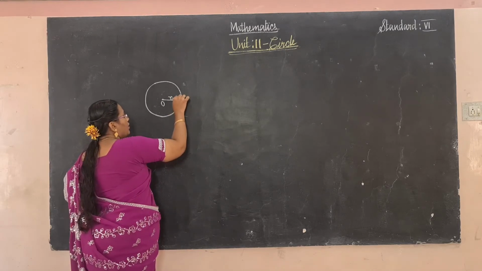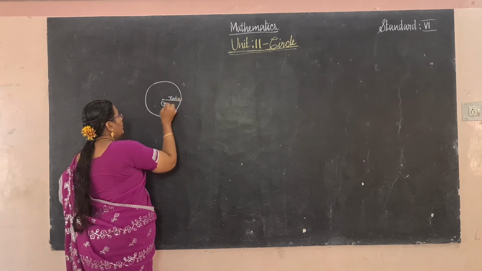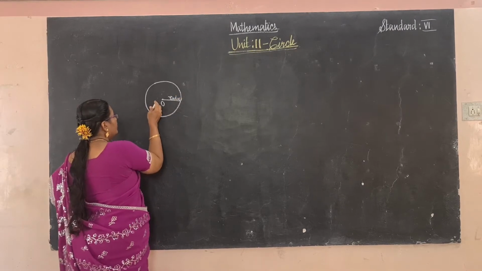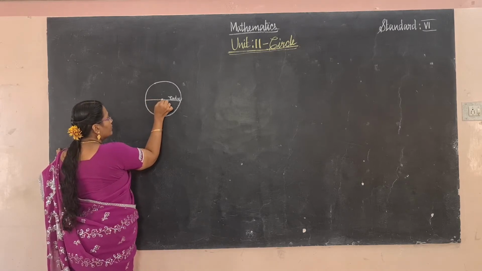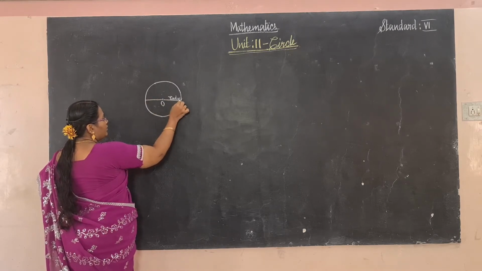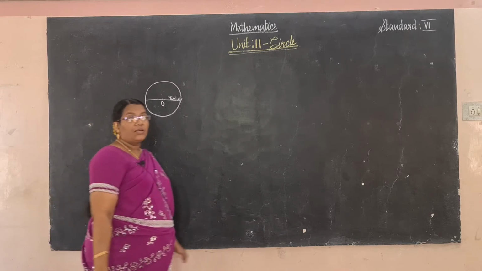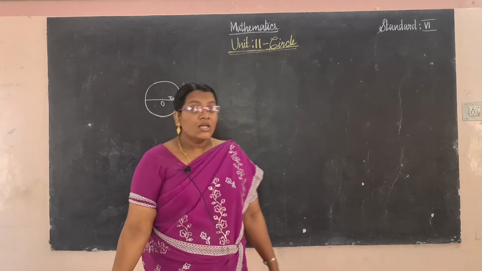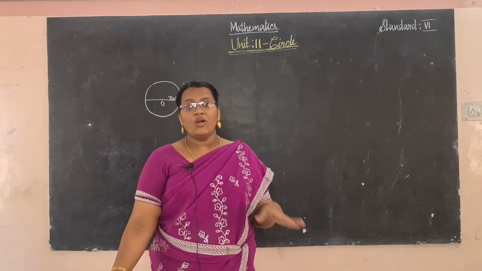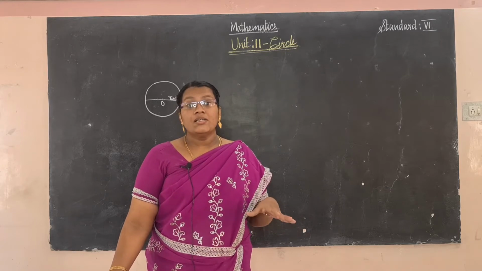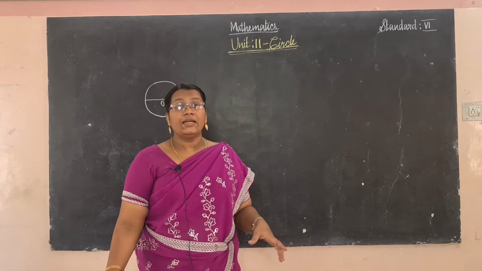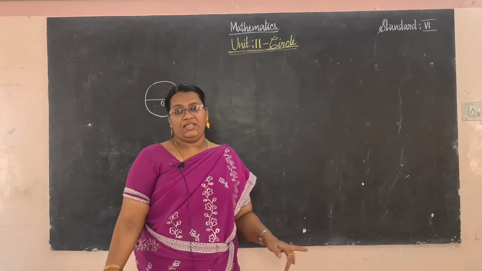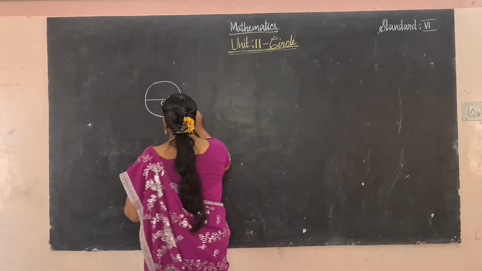And then diameter. Diameter means a line segment whose end points lie on the circle and which passes through the center. That is called the diameter.